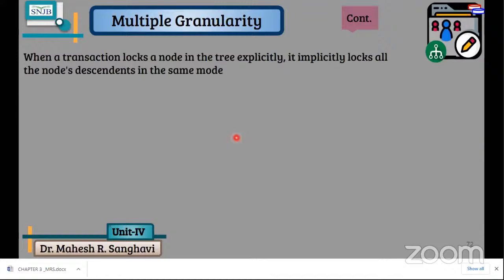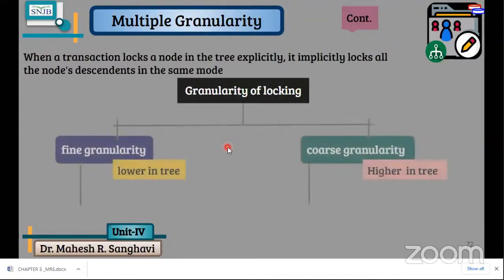I have already explained that, but you need to understand there are basically two types of granularity, fine granularity and coarse granularity. Fine granularity is a bottom-up approach where the lower tree is in the picture. In case of coarse granularity, it will be from top to down, a top-down approach, where the higher part of the tree is in the picture.